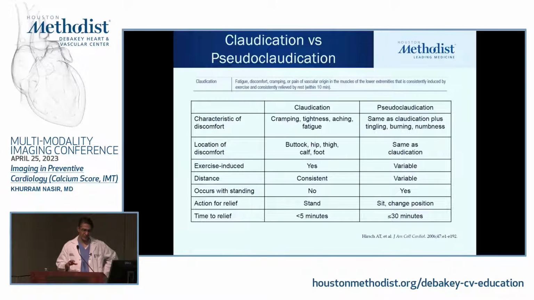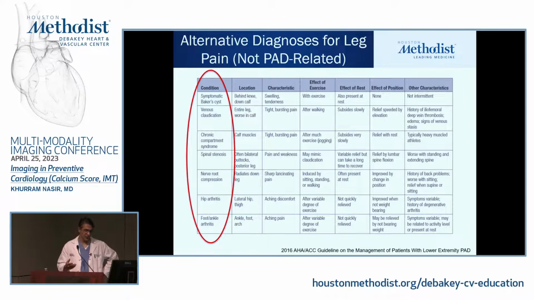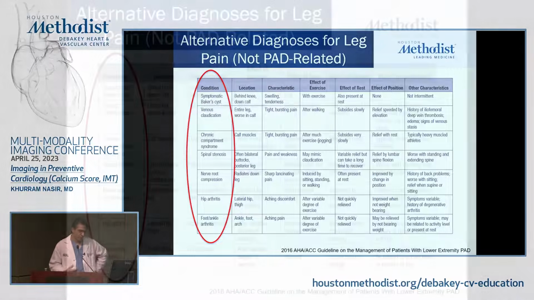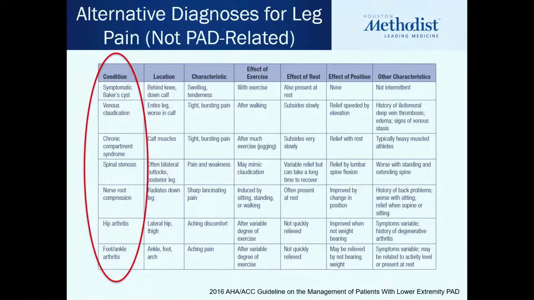So it's very important, when you hear a patient's story, to try to figure out in your mind: is this a vascular origin or is this something else? And the guidelines also show you, when it's a non-vascular origin, these pseudoclaudication patients, there's a whole variety of different conditions. I think the most common ones that I've seen in my practice are people who have a lot of venous insufficiency, who have spinal stenosis, or have some nerve root compression.